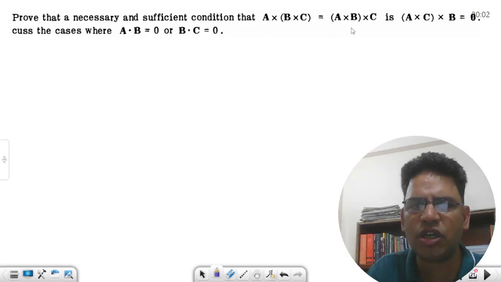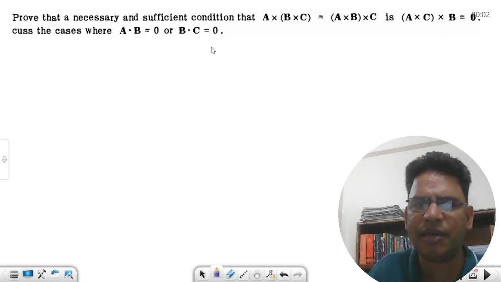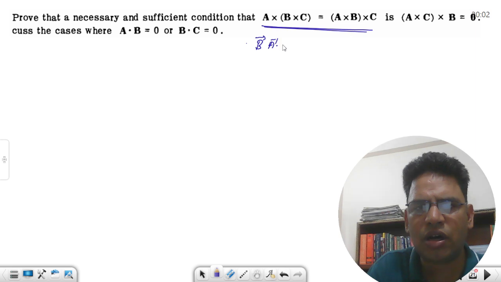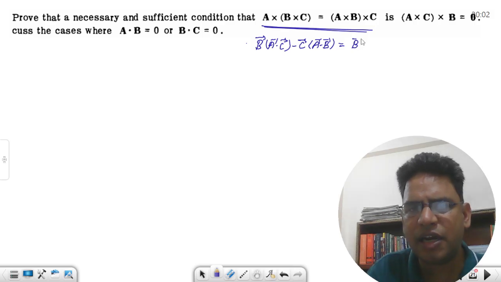A cross B cross C plus A cross B cross C is the same as, suppose I am writing this. A cross B cross C can be written as B (A dot C) vector minus C (A dot B) vector. It is the same as, when I write A cross B, I am writing B (A dot C) vector minus A (B dot C) vector.